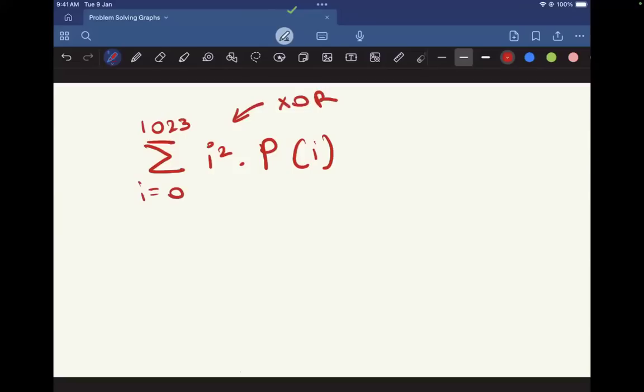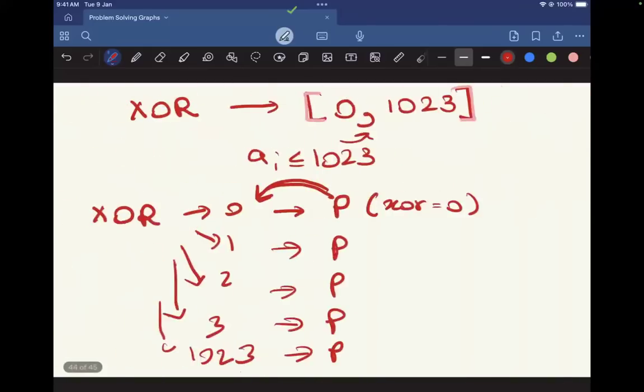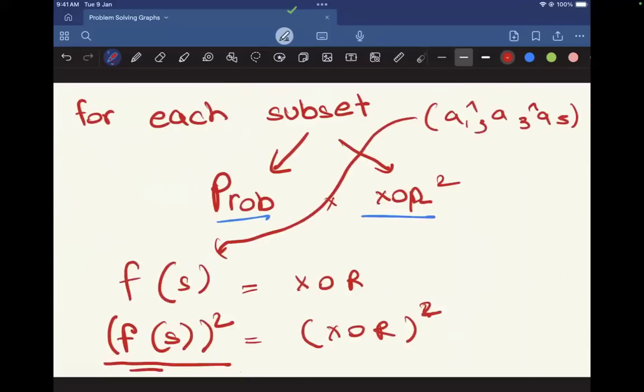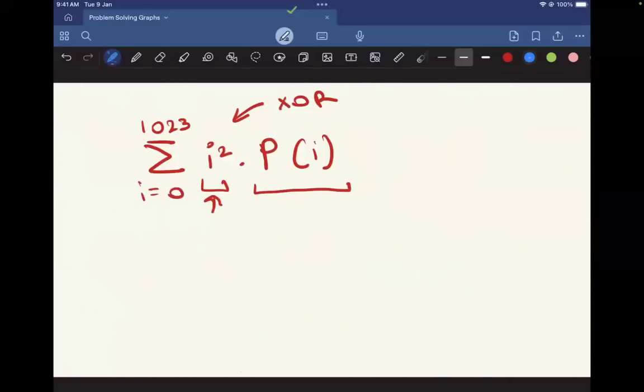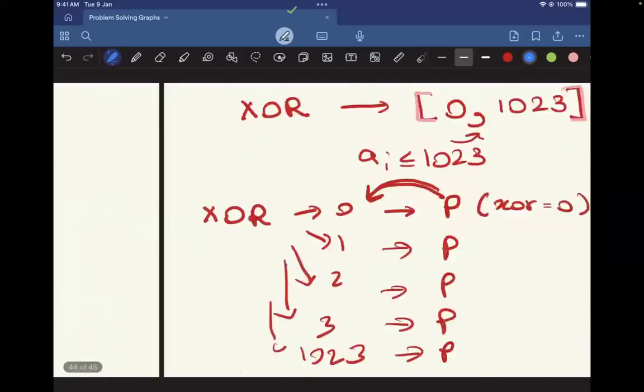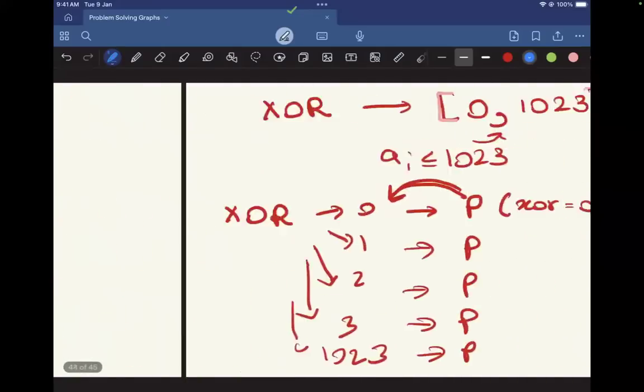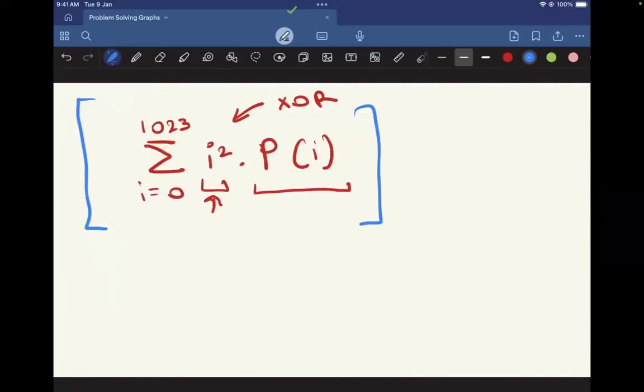So the probability of getting XOR equal to I is P of I, and then I squared is just the value, because f of s the whole squared is XOR squared, which is I squared. So can I say my final answer can be this as well? We discussed that the final answer is this, but it is equivalent to being this, right?